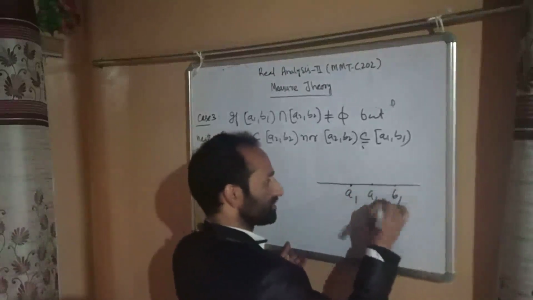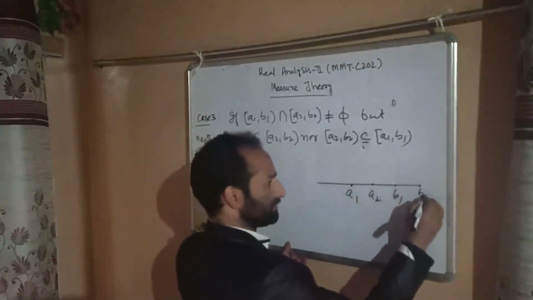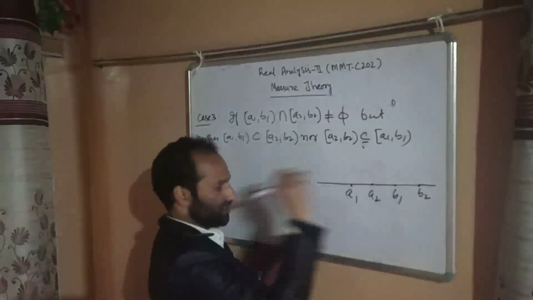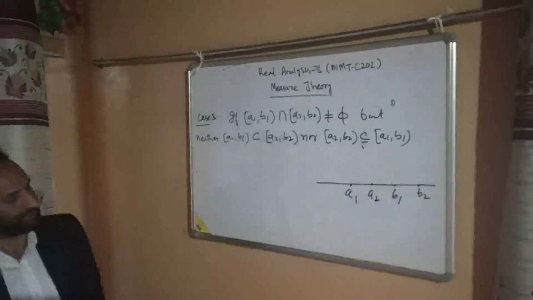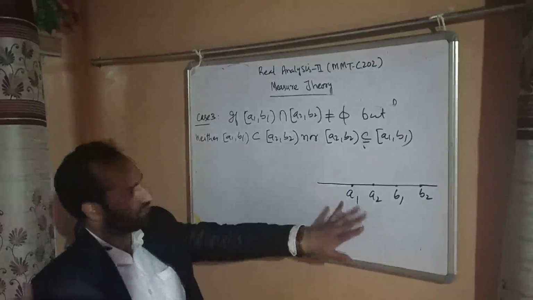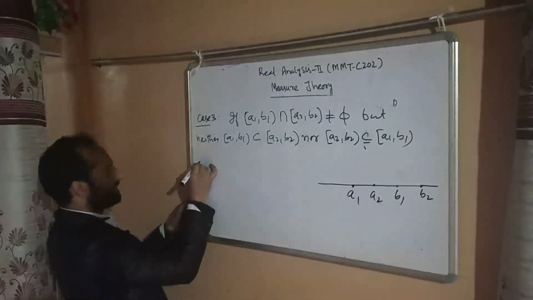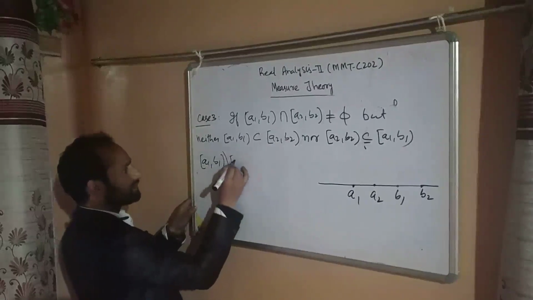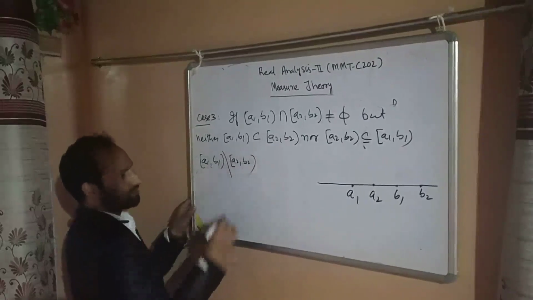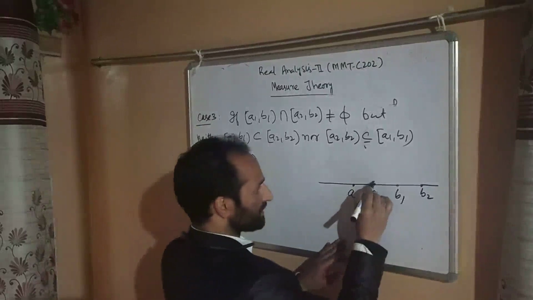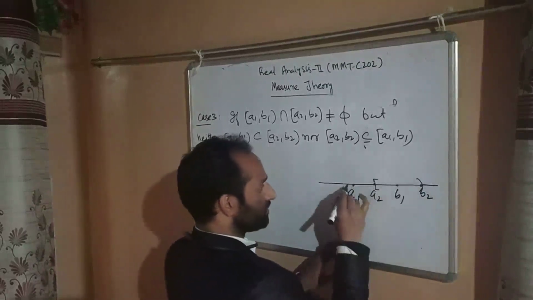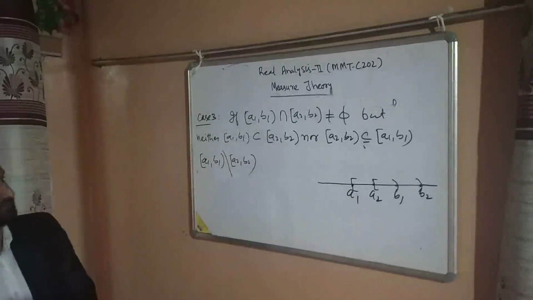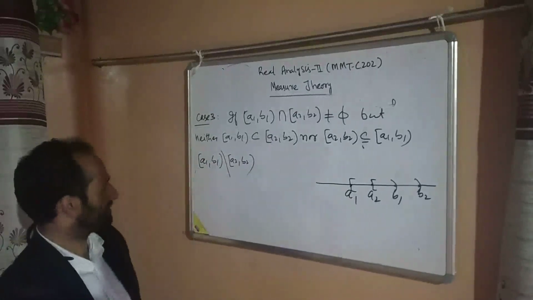A2 must be somewhere here and B2 somewhere here, or A2 must be somewhere here and B2 somewhere here. So let's look at this. We find the set difference A1 B1 minus A2 B2.